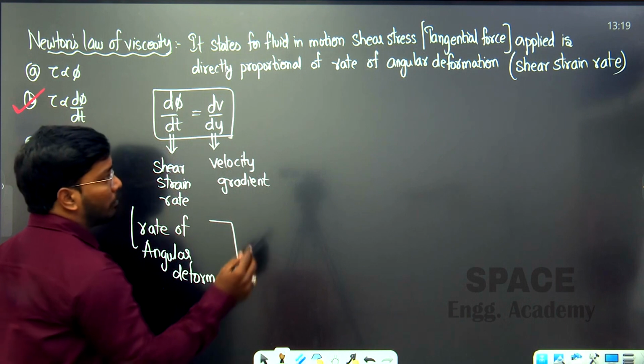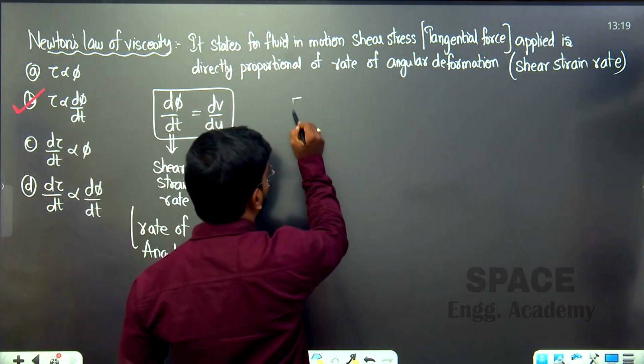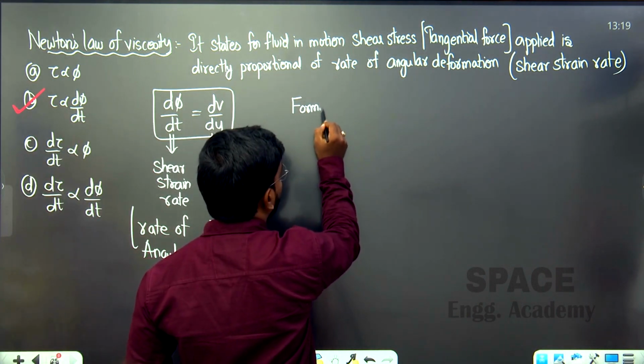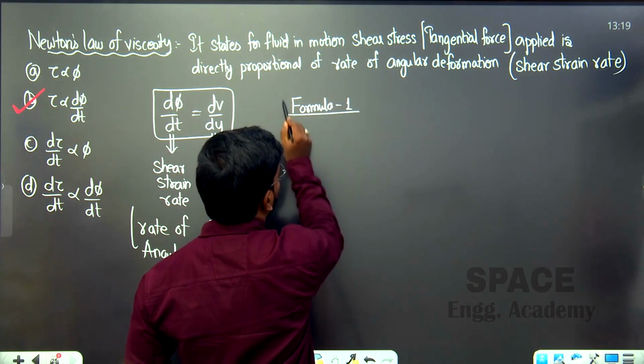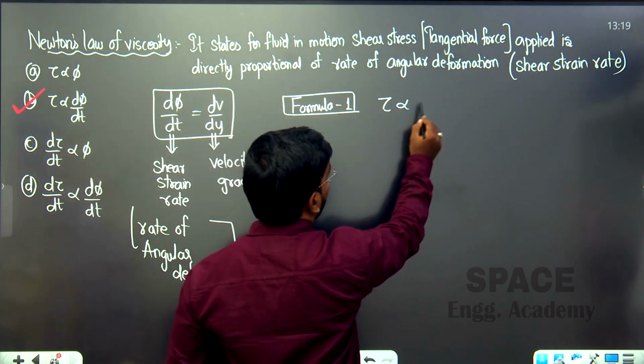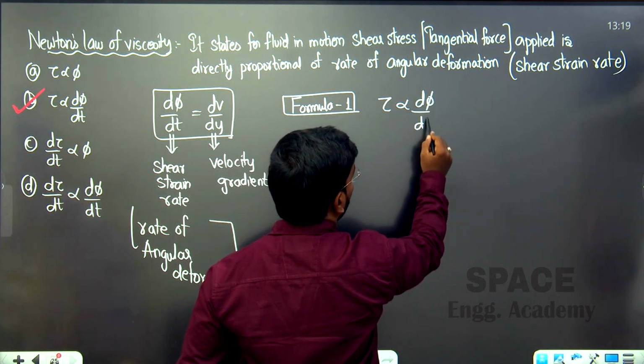So when both are equal, we can write two formulas. Formula number 1: shear stress is directly proportional to rate of angular deformation.